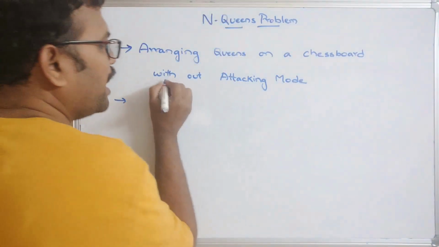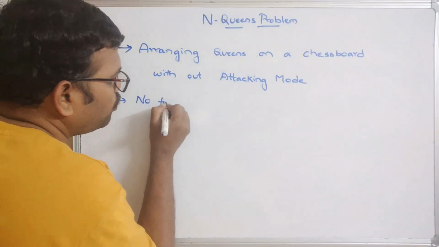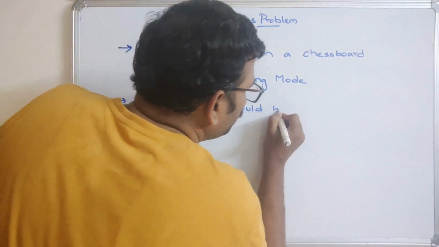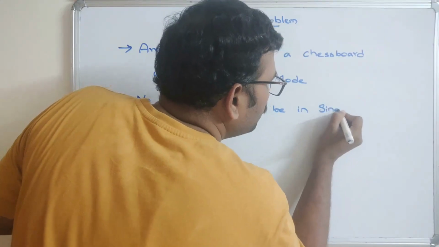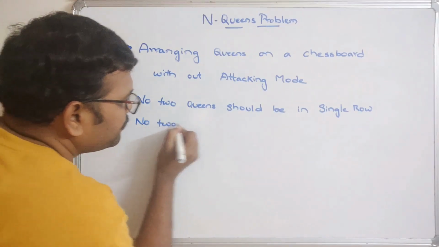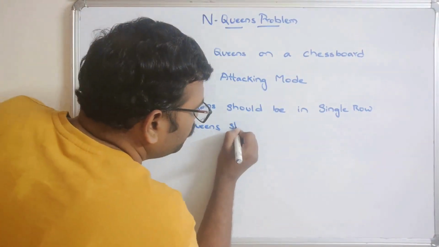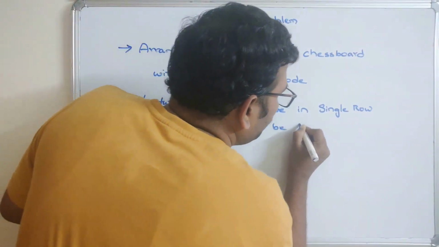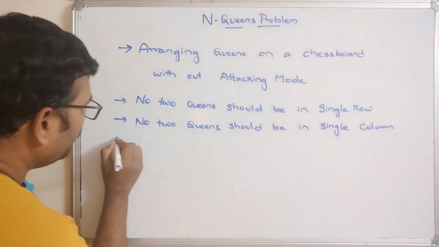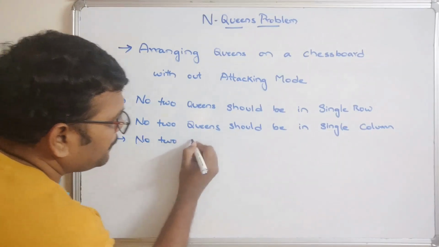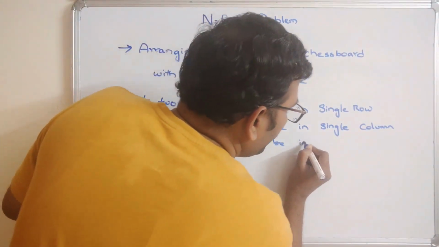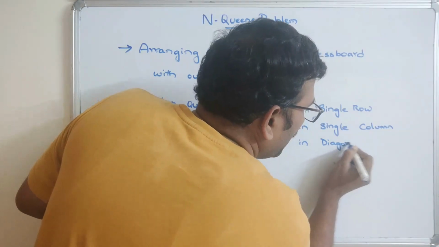Without attacking mode means no two queens should be in a single row, similarly no two queens should be in a single column, and no two queens should be on a diagonal path.